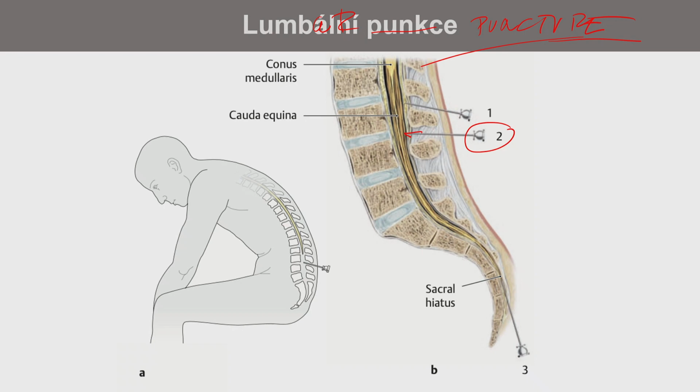For example, if you have a patient with some contraindications to general anesthesia and she or he needs, for example, a replacement of a hip joint, then this one could be used. The last option is sacral hiatus injection of anesthetics.